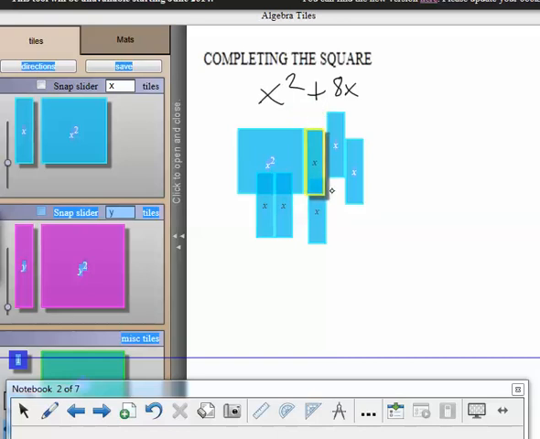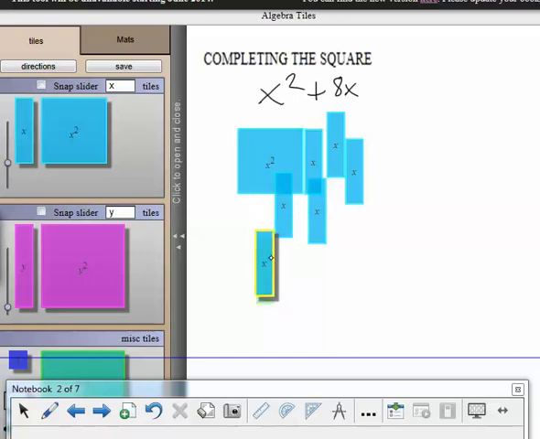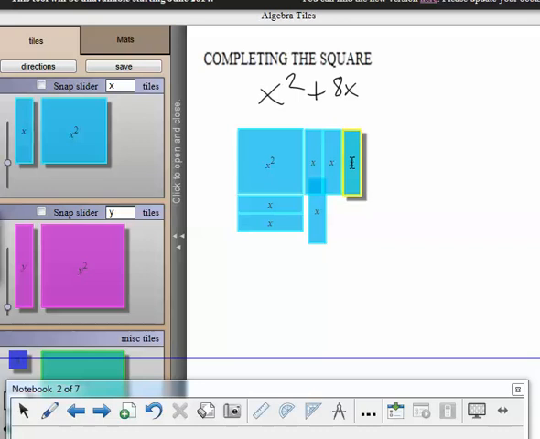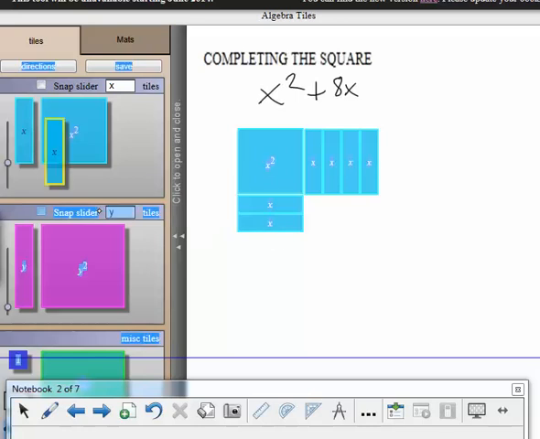So to make something a square, I need to put the same number on each side. I've got 4 over here, 2 over here. I need 2 more.